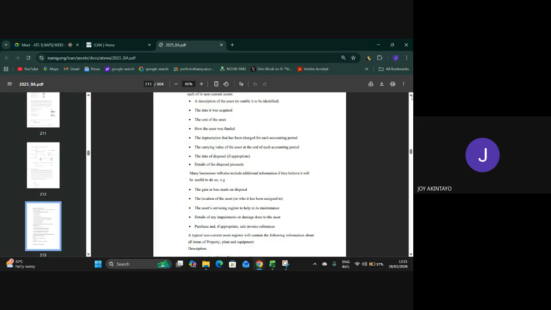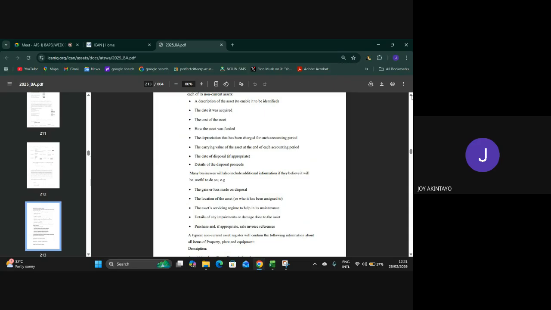Then the location of the asset. Some businesses will tell you the location of the asset. Let's assume they have different branches and one head office, so they need the location of the asset. Then the asset servicing regime to help in its maintenance will also be needed.